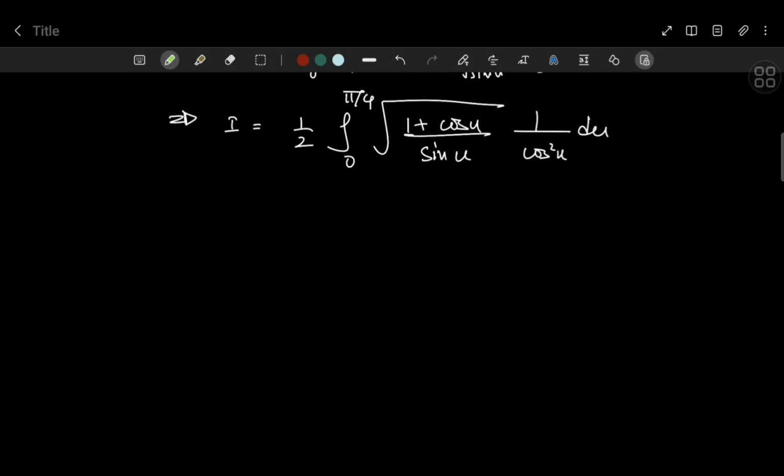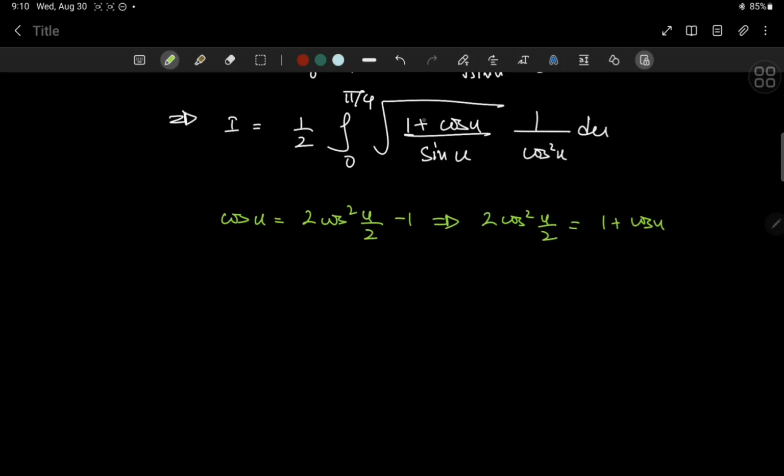Now this integral looks cool in itself, but we could get something nicer to work with if we express everything in terms of the half angle formulae. So we know that the cosine of u can be expanded as twice the squared cosine of u by 2 minus 1, which implies that 2 times cosine square u by 2 is in fact 1 plus the cosine of u. So that deals with this term quite nicely.